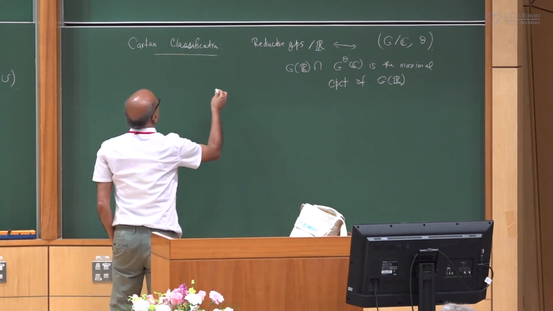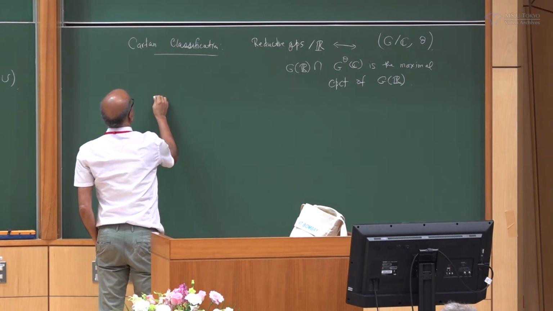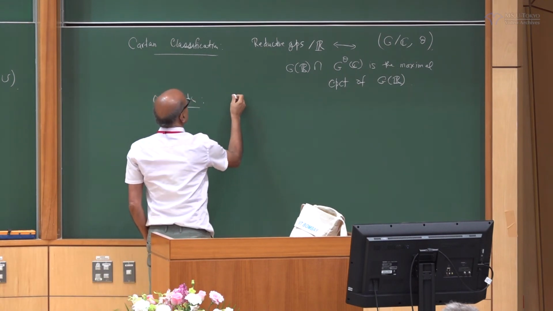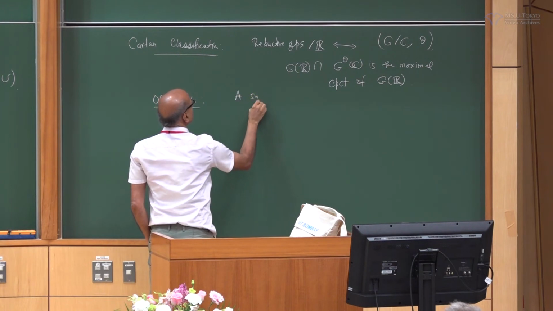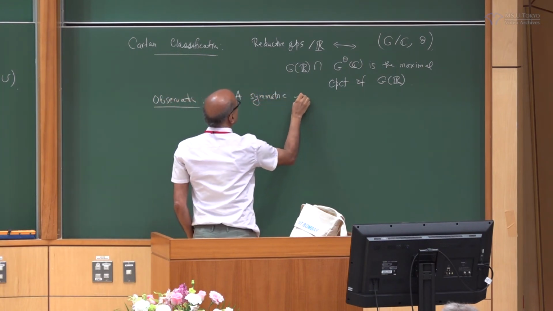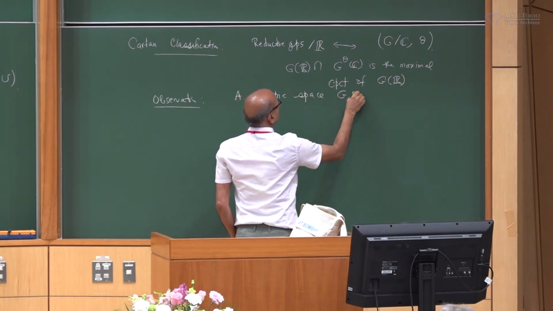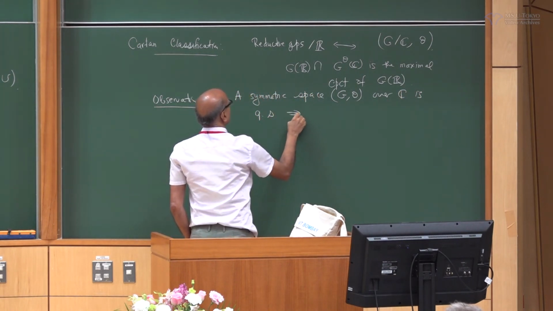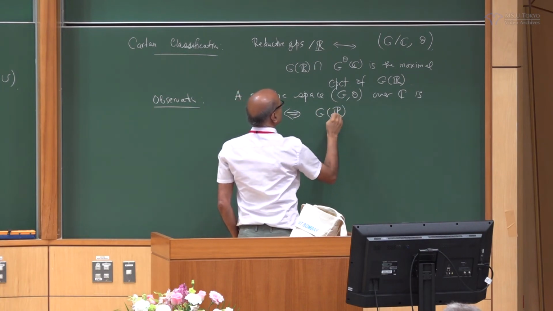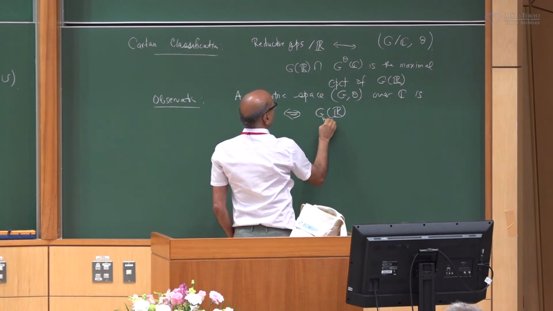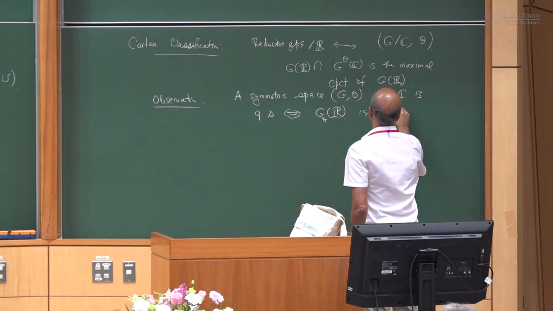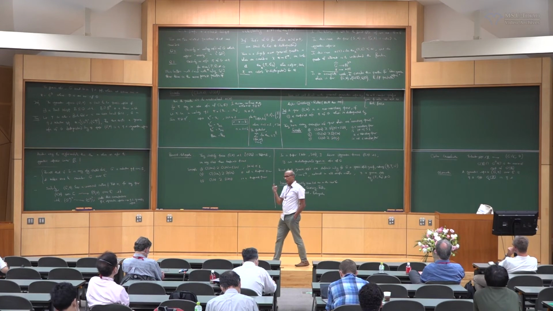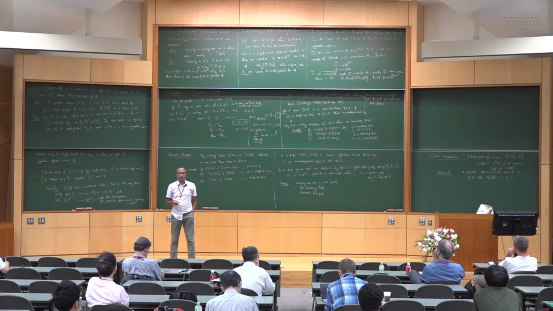And then the observation here is that a symmetric space (G, theta) over C is quasi split if and only if G_R, the group associated to theta, is quasi split over R.